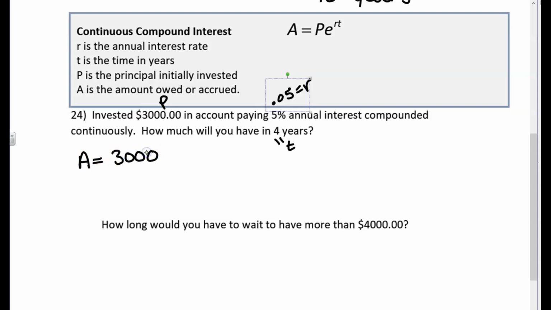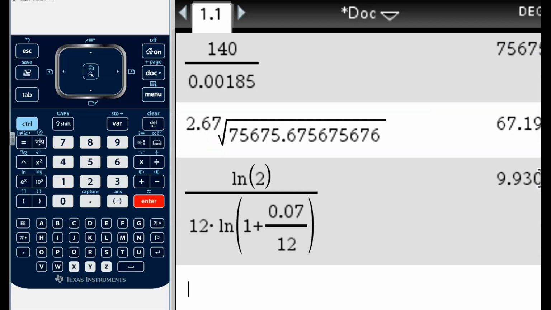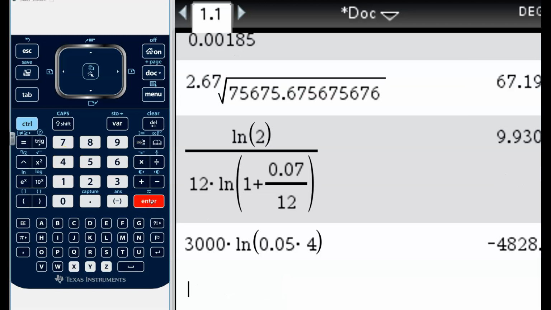A equals 3,000 times e to the 0.05 times 4. That goes straight in the calculator. We jump over here, we do 3,000 times e to the 0.05 times 4. We hit enter, and we got a negative, because I did natural log.